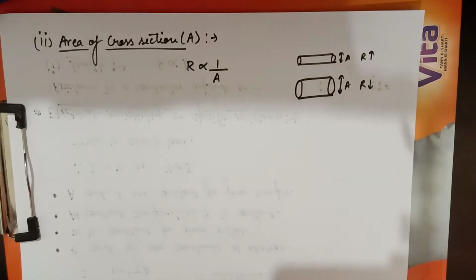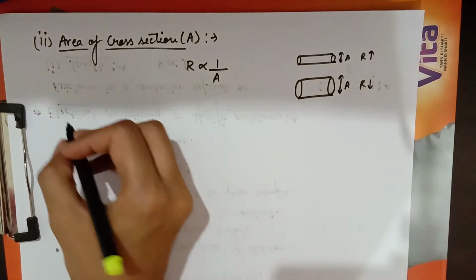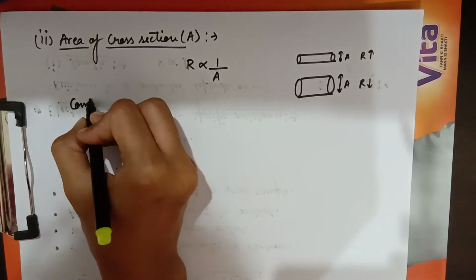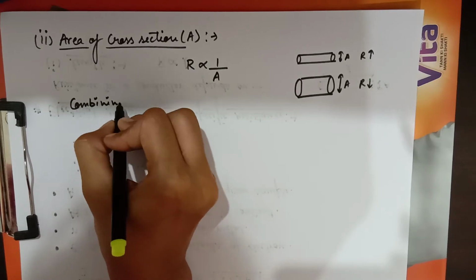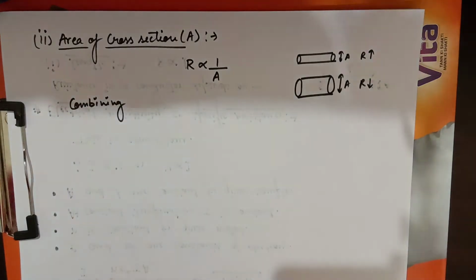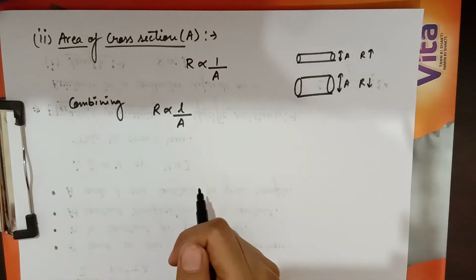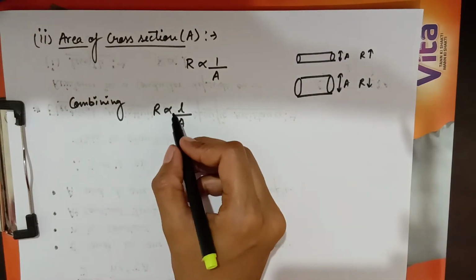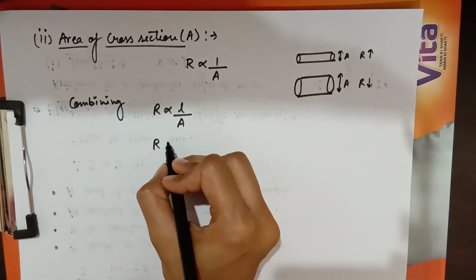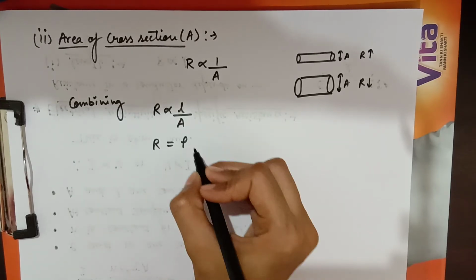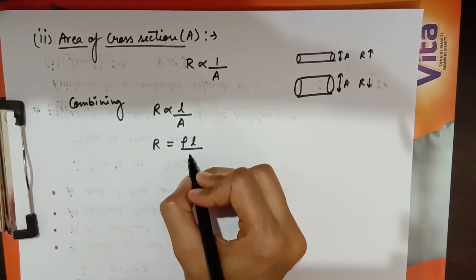So we have seen that R is directly proportional to L and inversely proportional to the area of cross section. Combining both, we get R is directly proportional to L divided by A. If I remove the proportionality sign, a proportionality constant comes.